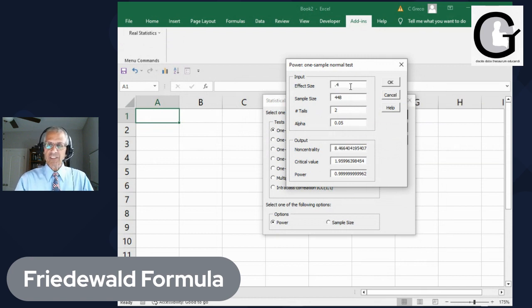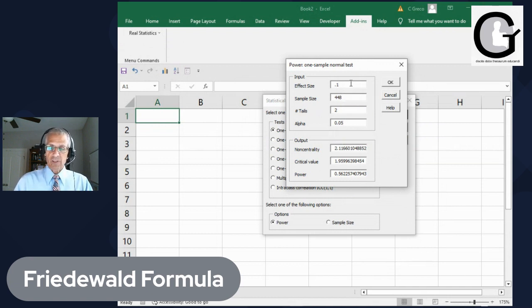If my effect size is 0.4, then all of a sudden it kicks up. So when you have an effect size of 0.1, it does take into consideration the type 2 error that you get. Then all of a sudden you have an issue here.